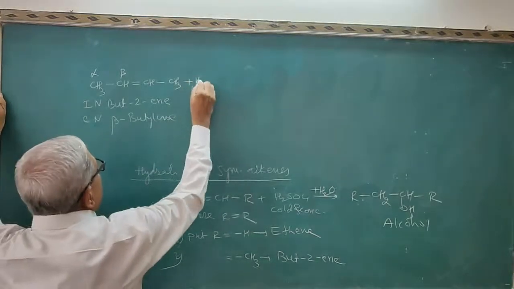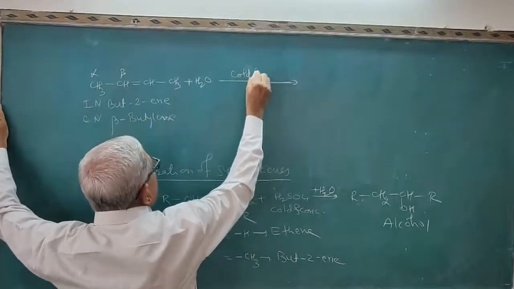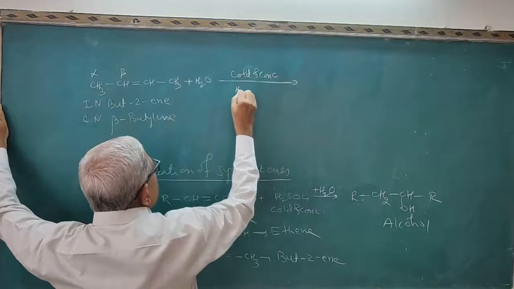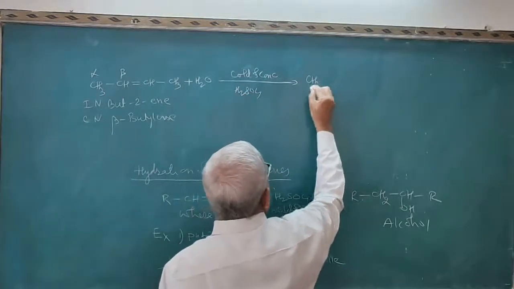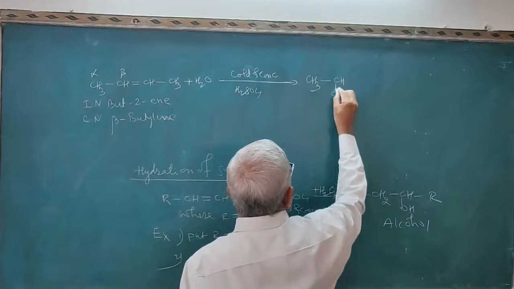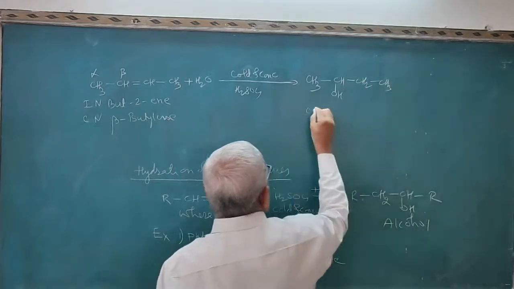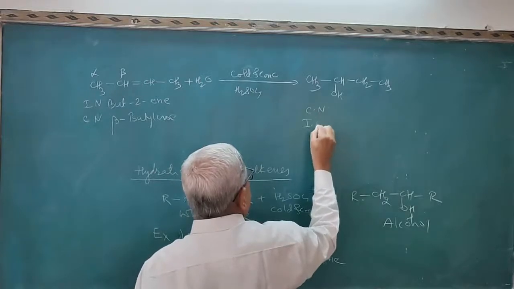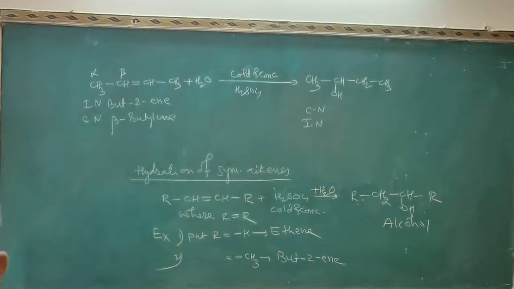When you add a water molecule here in the presence of cold and concentrated H2SO4, you will get the structure CH3, CHOH, CH2, CH3. What is the common name and IUPAC name? The common name is secondary butyl alcohol.